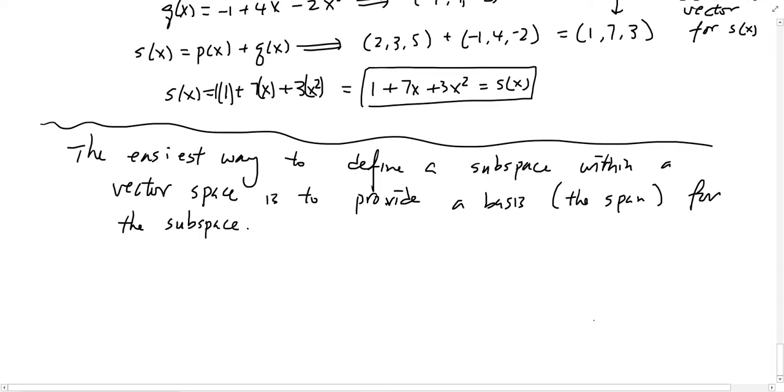So if you simply define some functions as the basis for the subspace, then you can generate the entire subspace by taking linear combinations.